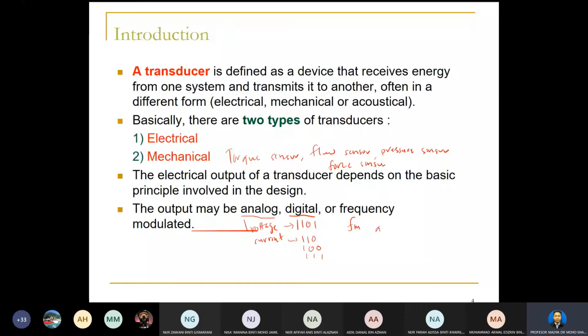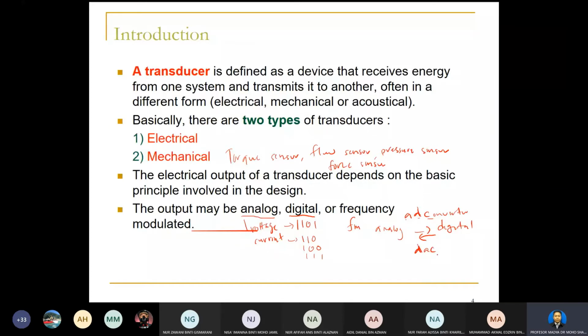We call it ADC, analog to digital converter. And from digital to analog, we have the DAC, digital to analog converter.